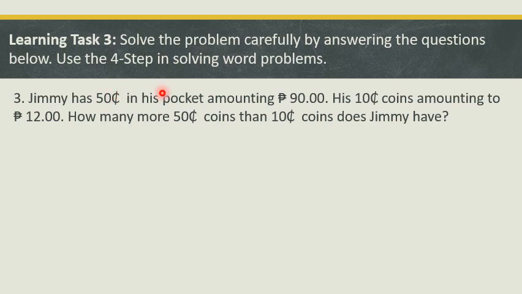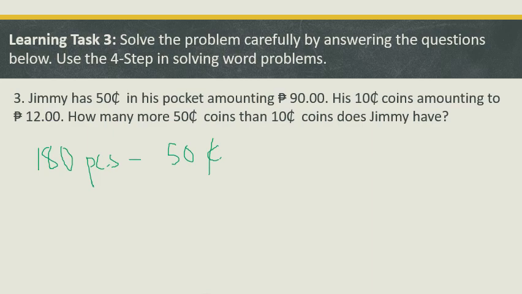So, 50-cent coins niya, nag-total ng 90 pesos pag pinagsama-sama. So, di ba ang 50 cents, kailangan mo ng 2 piraso para maging piso. So, ilang piraso naman pag 90? So, syempre, madodoble siya kasi hati-hati siya sa magiging 180. So, 180 pieces ng 50-cent coins.